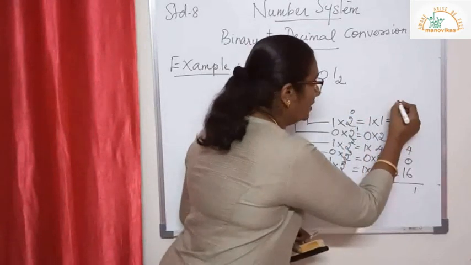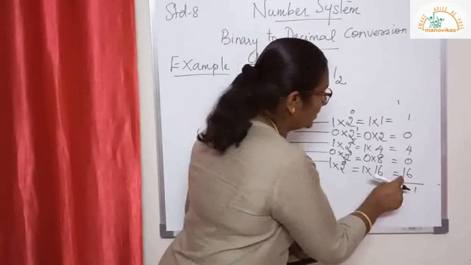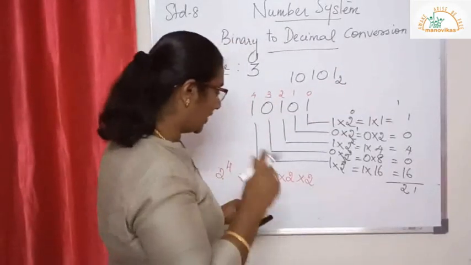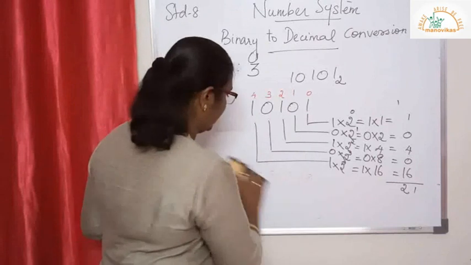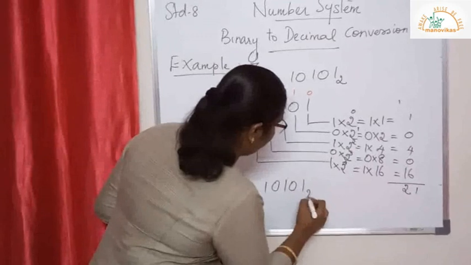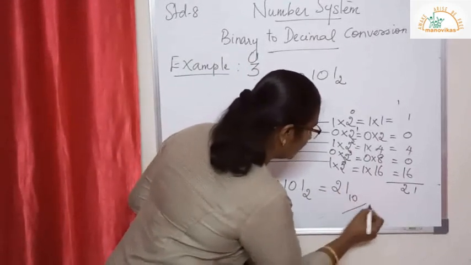So you have a carry 1, plus 1 is equal to 2. So your answer is 10101 to the base 2 is equal to 21 to the base 10.